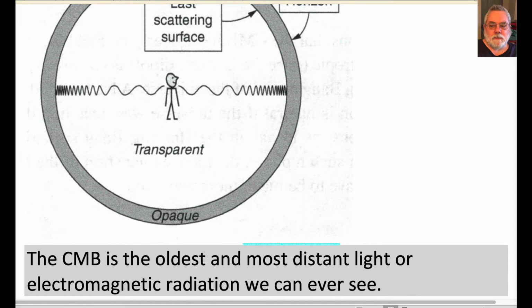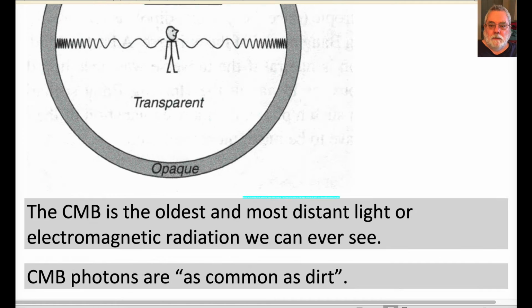Much that cosmologists assert about the universe before this time is based on observations of the present universe and models that assume the laws and forces of physics and properties of elementary particles remained unchanged since the early universe. Astronomers would like to be able to detect neutrinos and gravitational waves from the early universe, and they may succeed in coming decades. CMB photons are as common as dirt.